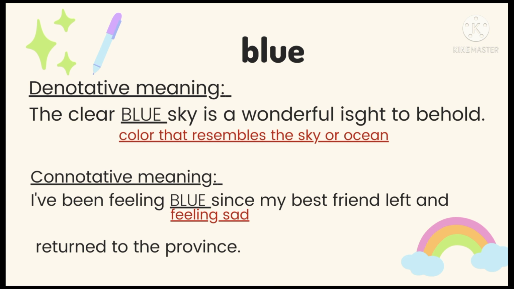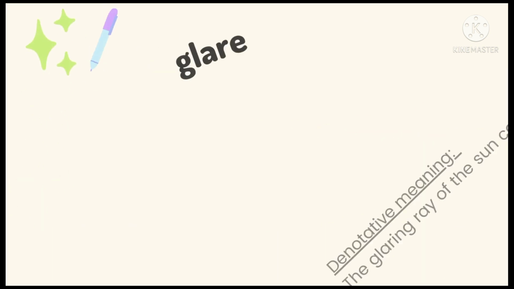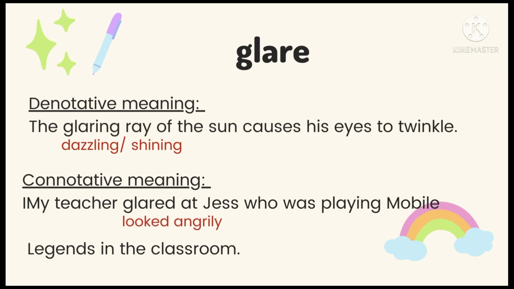Another example is the word glare in these two sentences. The glaring ray of the sun causes his eyes to twinkle, meaning glaring means dazzling. But if you're going to use glare in a connotative way, my teacher glared at Jess who was playing Mobile Legends in the classroom.